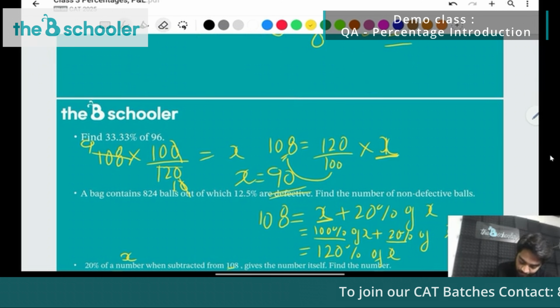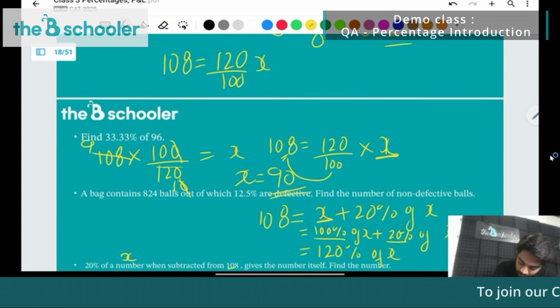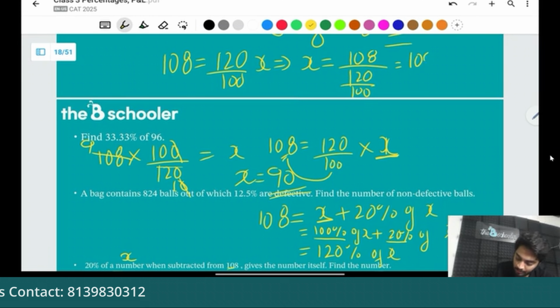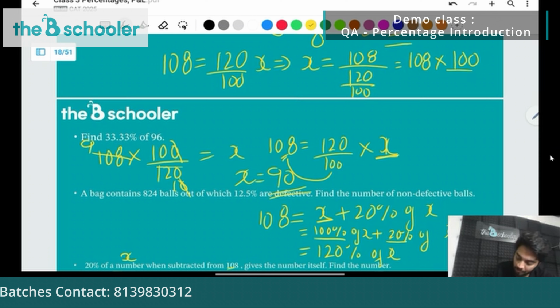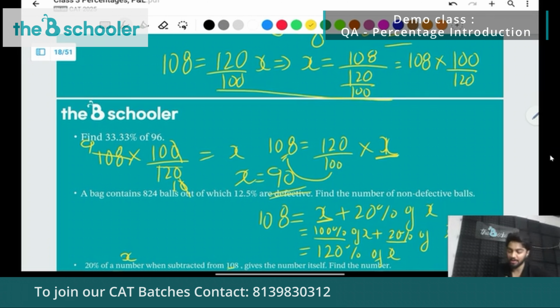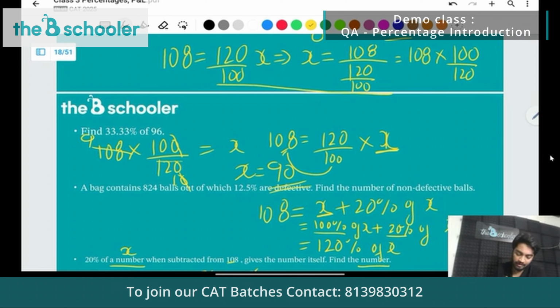So 108 is equal to 120 by 100 of x. To find x, x is equal to 108 divided by 120 by 100. Division of fractions we just learned. So this will become 108 into 100 by 120. When you're comfortable enough, you can eliminate this step and directly write 108 into 100 by 120 is x. Is that clear?